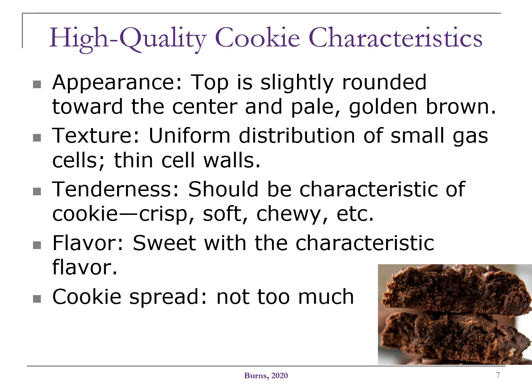Third, we have the tenderness of the cookie. And the tenderness should be characteristic of the cookie. So sometimes we want the cookie to be crisp or soft or chewy. My favorite is crispy on the outside and soft in the middle. That's my favorite. So when we look at tenderness there, the tenderness of the cookie varies with the amount of fat and sugar in the dough.